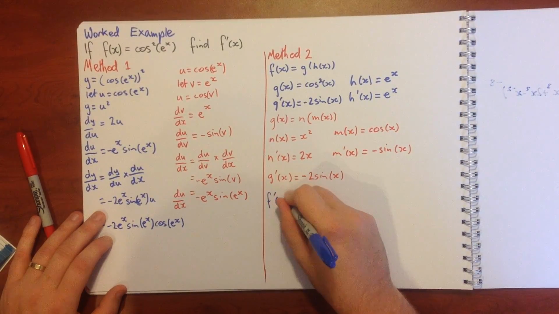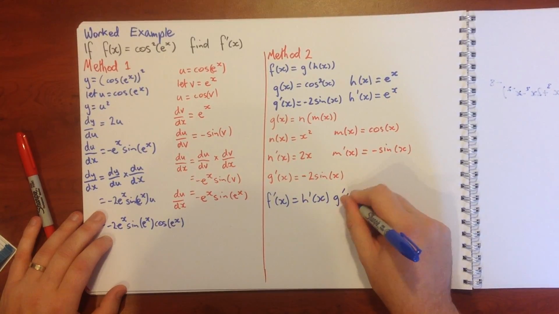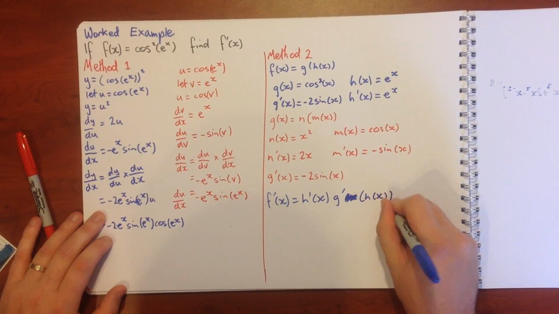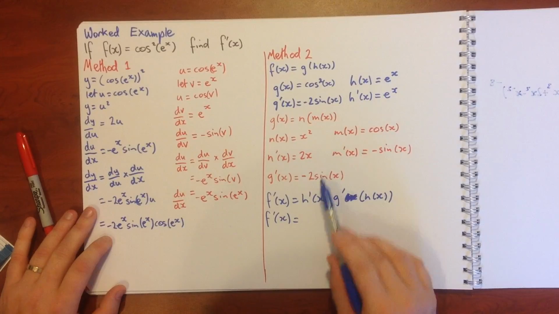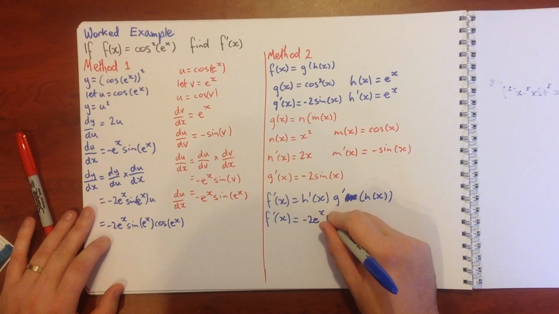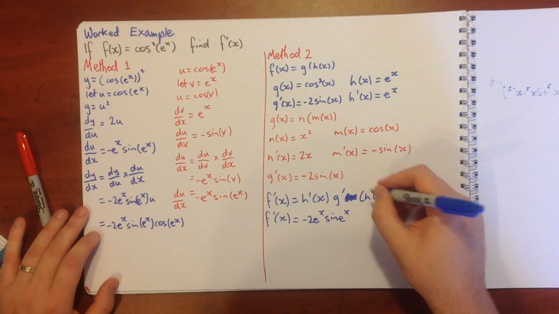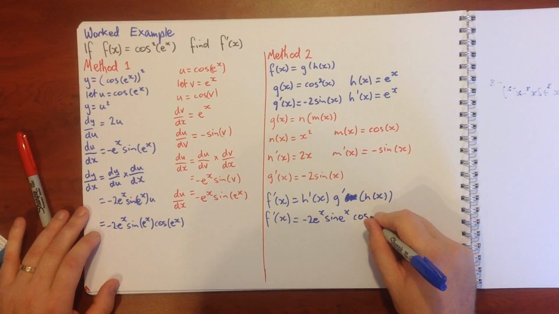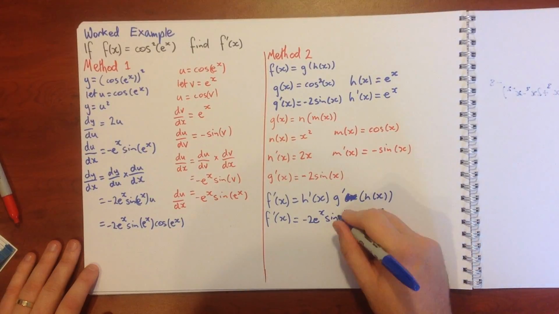So our f dash of x equals h dash of x times g dash of our h of x. Our h dash was our e to the x, our g dash was this, so we've got our negative 2e to the x sine e to the x, and then we're just going to finish it off with our cos of e to the x. And we're done.